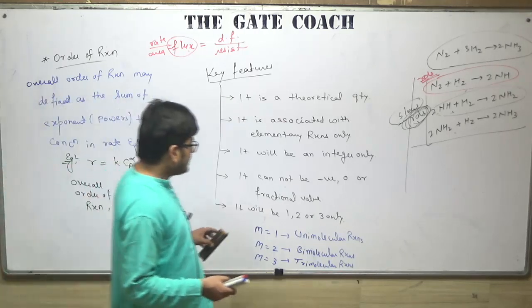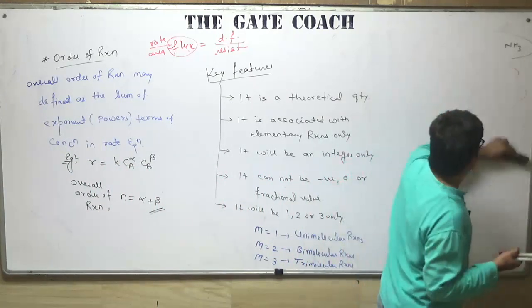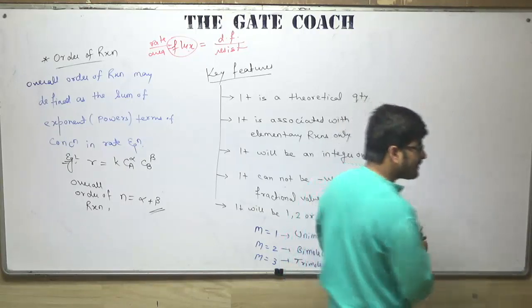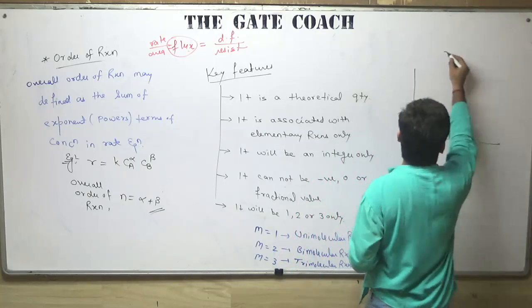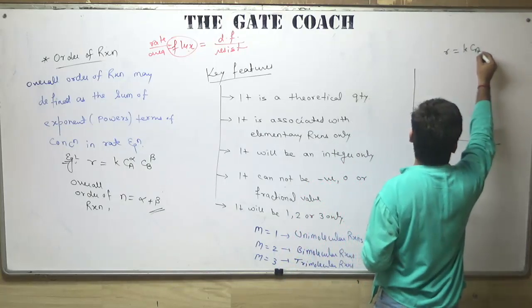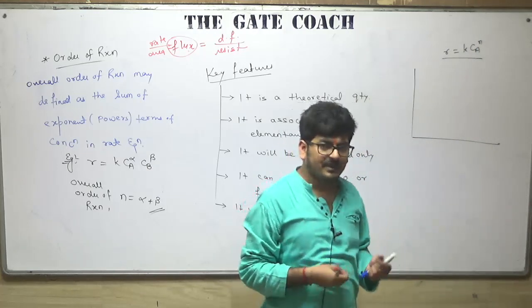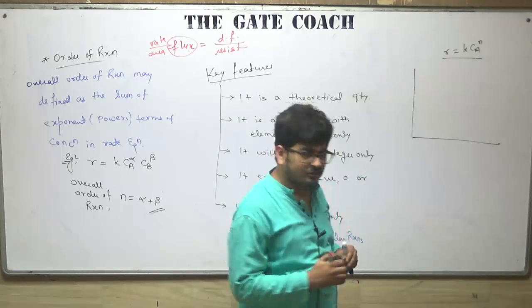Now, what is the meaning of order of reaction? What is the significance? Let's try to understand. Suppose for any chemical reaction we have rate equation R is equal to K Ca power n. We know that K is the rate constant, which is a function of temperature only.